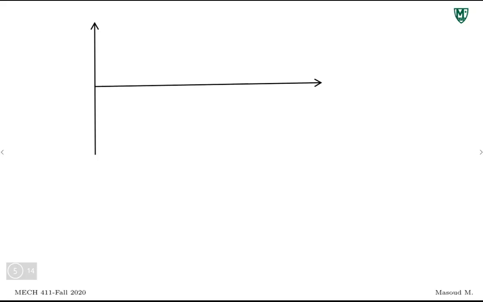Here is what you get. You get something along this line. I'm trying to draw it as good as I can. Let me do it this way.